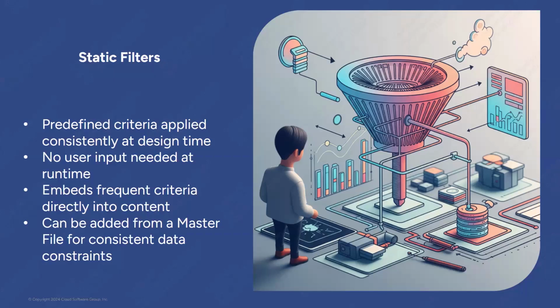They're configured at design time, and they remain active without user input. There are many ways to apply these, but it's really effective when a consistent set of filter values needs to be applied to a single content item. It ensures data consistency and reduces runtime overhead.